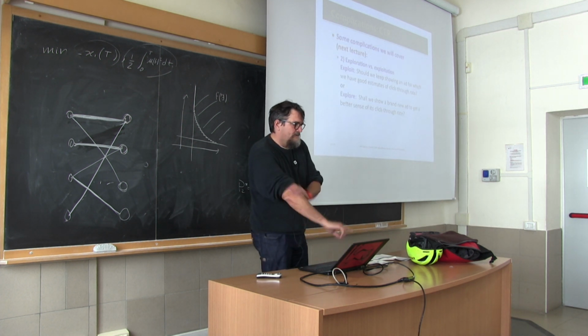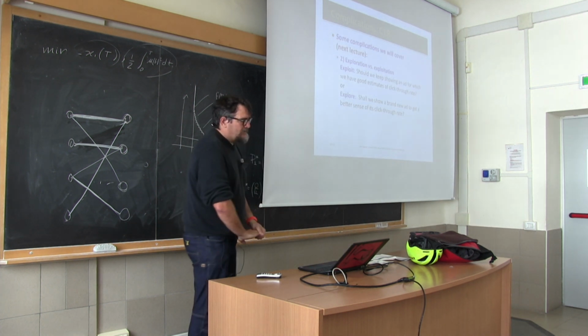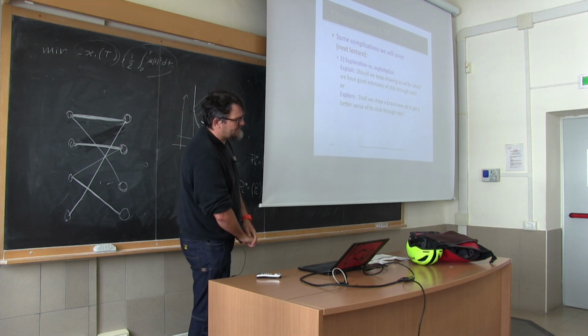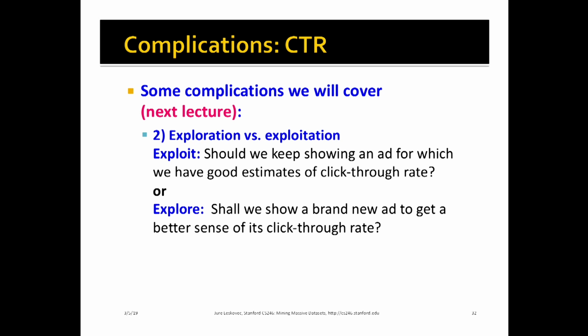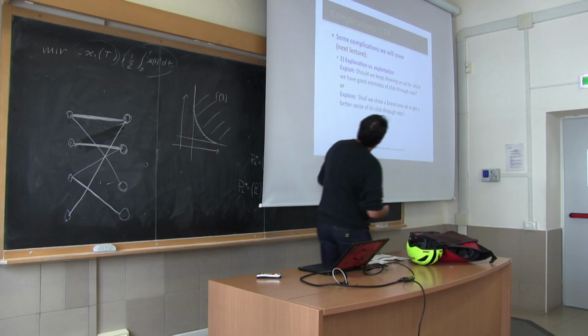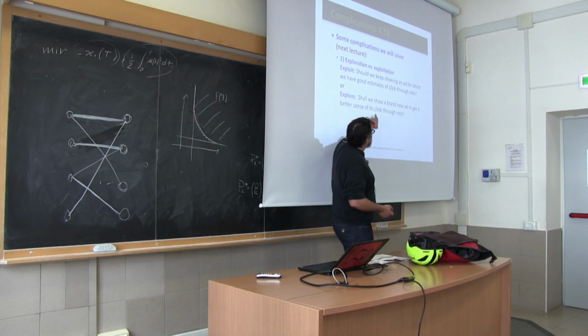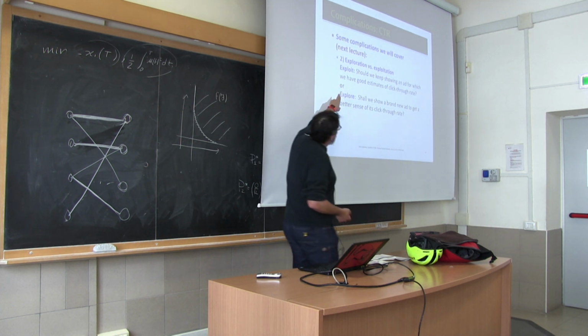Okay, and this is the problem I told you about. It's called exploration versus exploitation. To some extent, we want to build a history about a given query, and so we want to estimate the click-through rate.